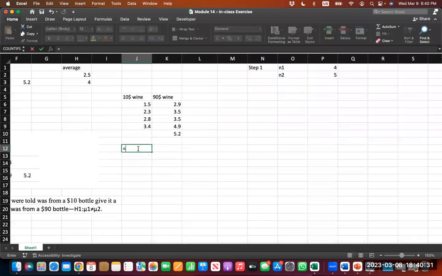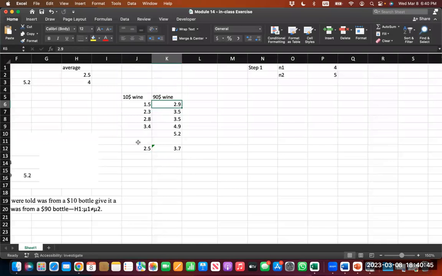So we're calculating now 2.5 versus 3.7. That's our average. So we see already that the rating of the very same wine was substantially higher in those that were told that this is a more expensive wine.